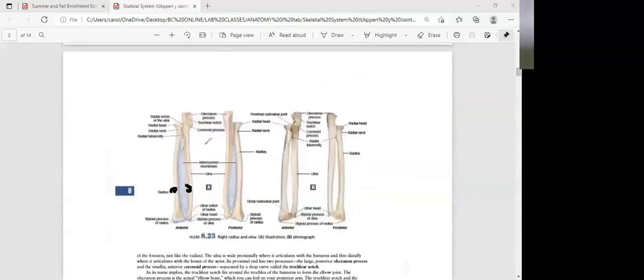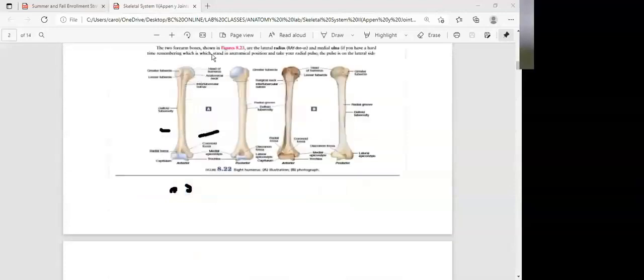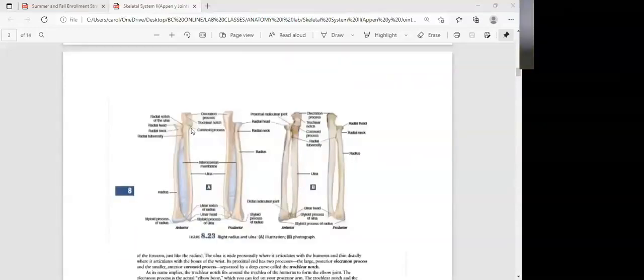When we look at the bones in our forearm, you're going to have the coronoid process and the radial head. So the coronoid process and the radial head will go into these 2 fossas right here. How do these 2 fossas articulate with the radius and ulna? Because we're going to have that trochlear notch right there.